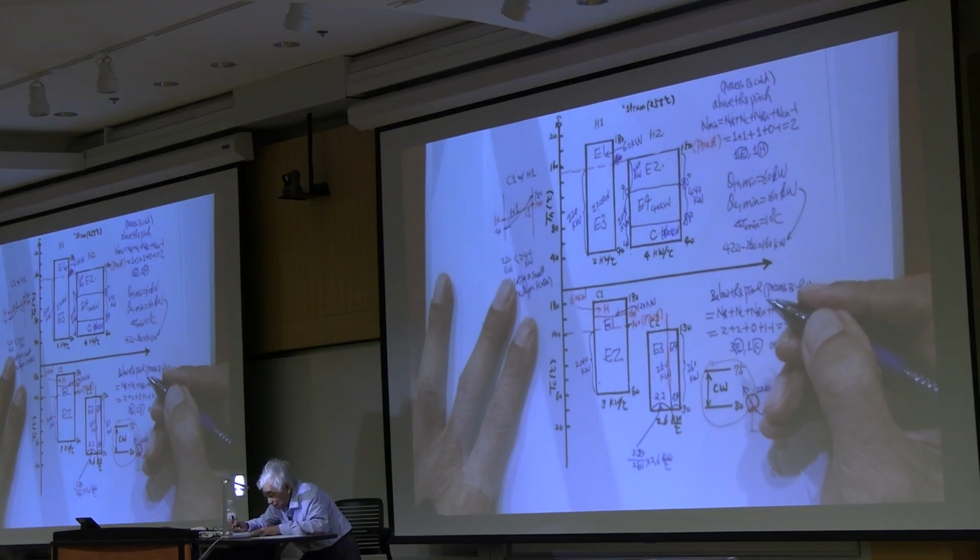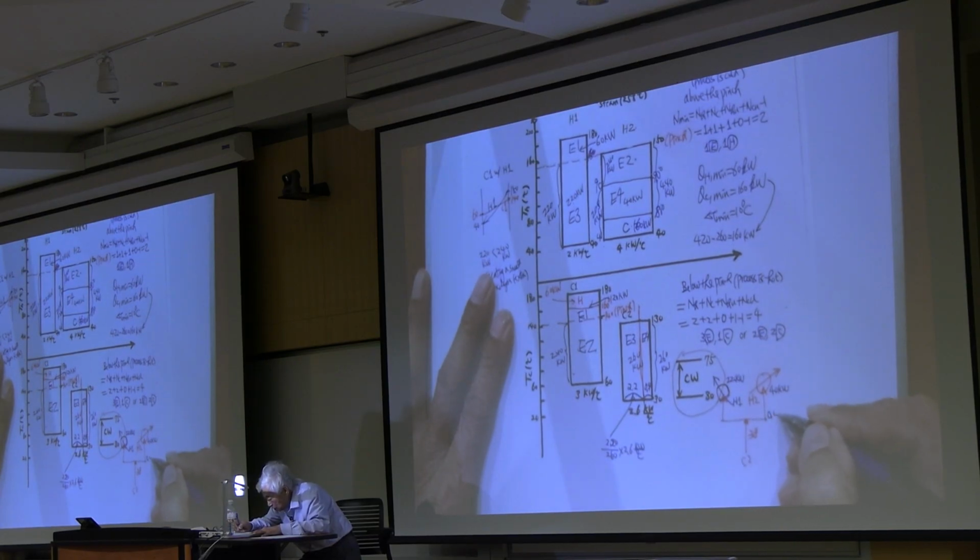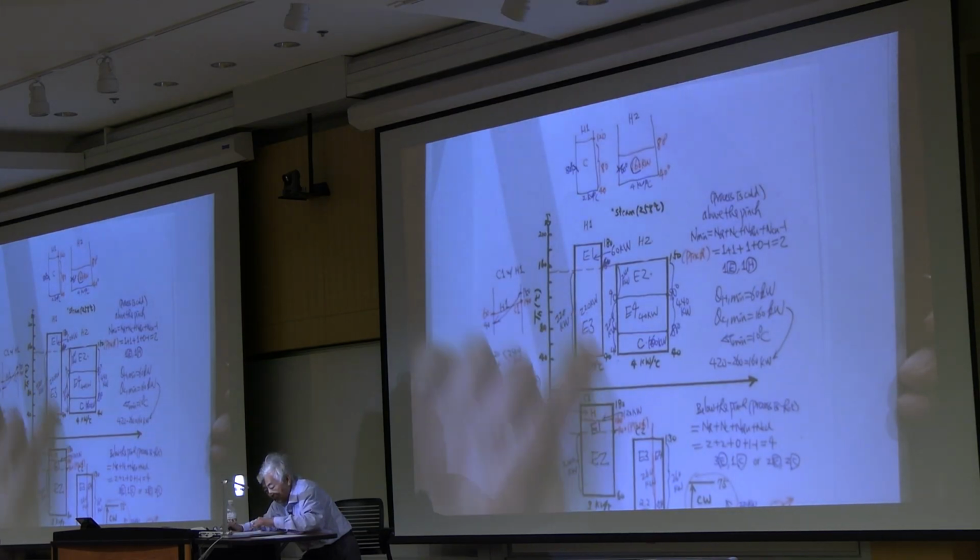In terms of capacity flow rate, 0.4 kilowatt per degree C, 2.2 kilowatt per degree C. This E3, E4.